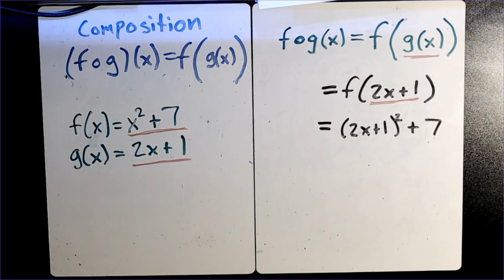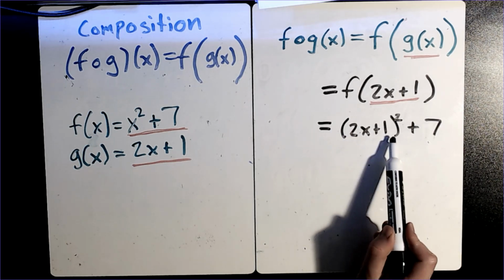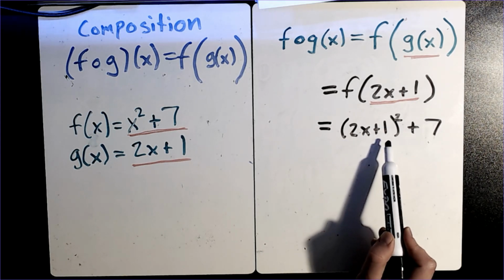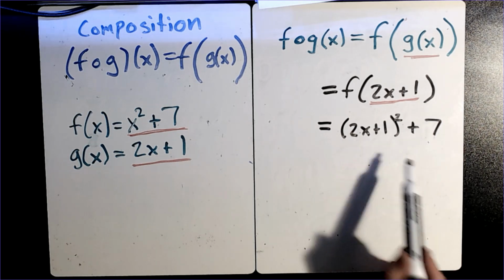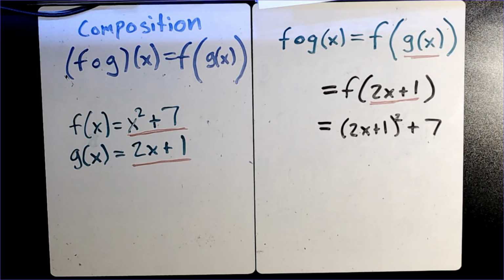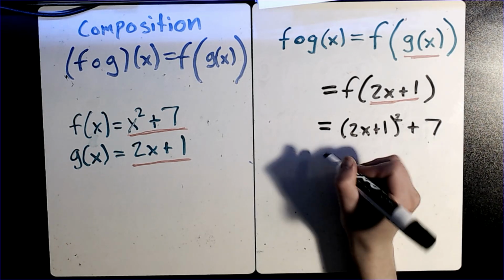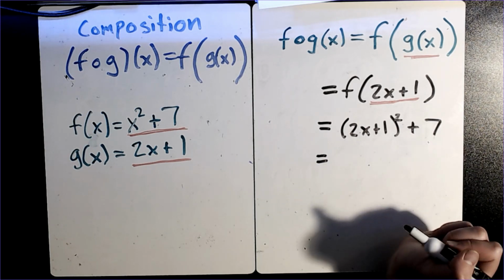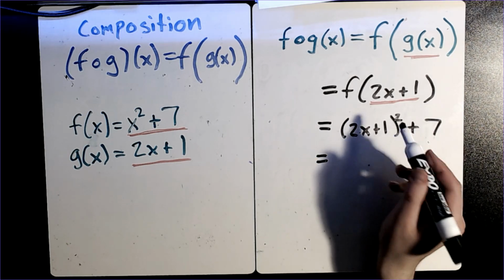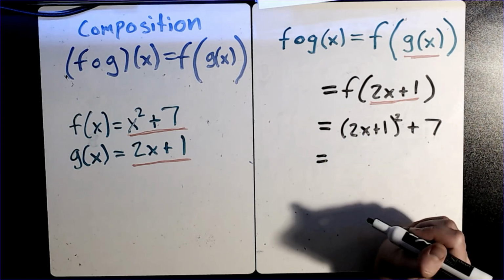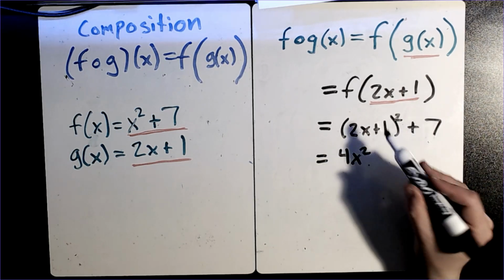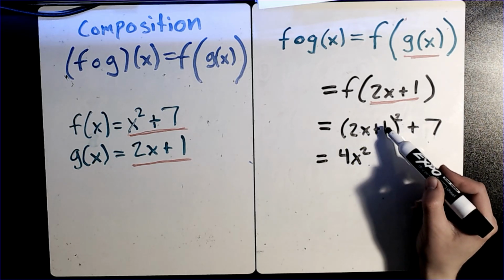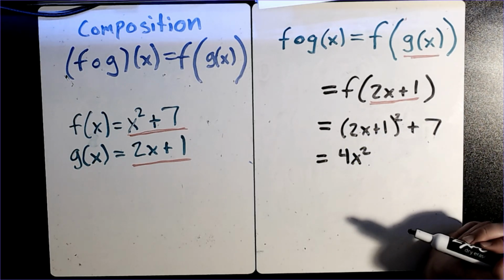Now, in the book, they would probably distribute this out in the end to get the final answer. I don't necessarily care if you leave it like this. That's just fine. I'm just going to multiply it out just for kicks and giggles. What we're going to get is 2x times 2x, so 4x squared, okay? And then 2x times a 1 would give us 2x.